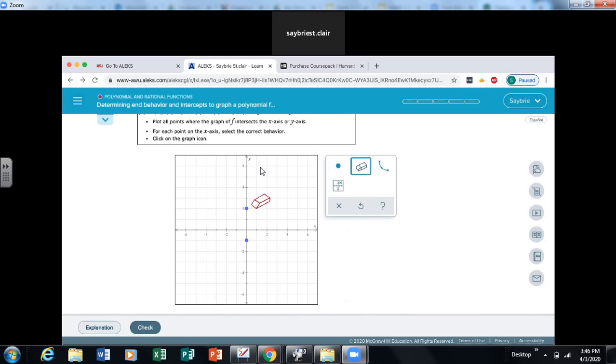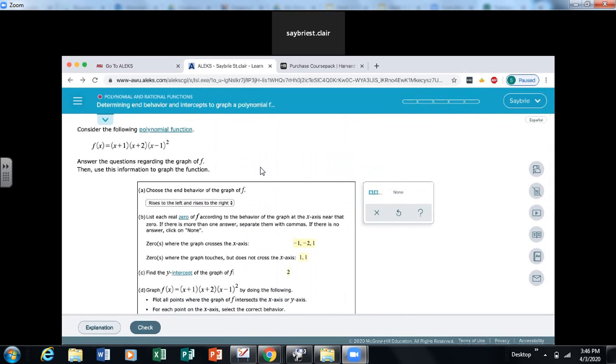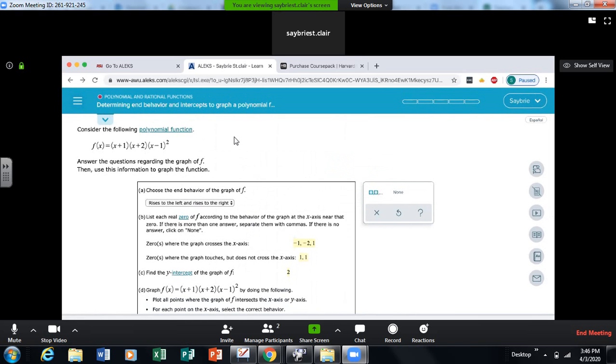This is what's not there, the graph that we just did. Oh my goodness. I know all the other answers are good. We just got to try to graph that again.